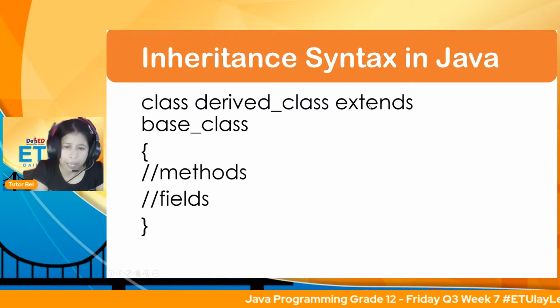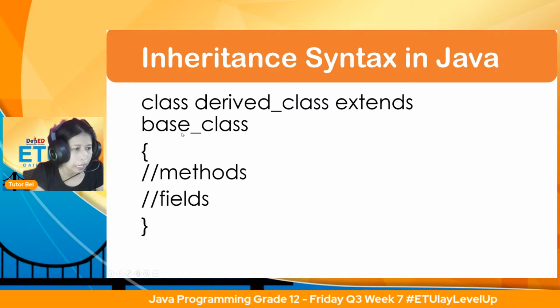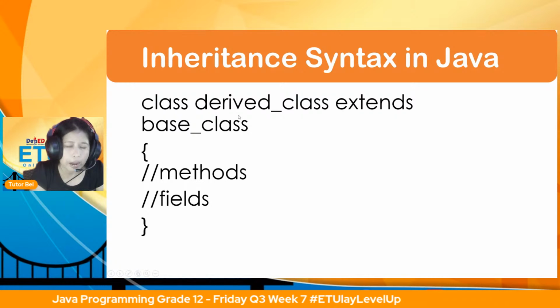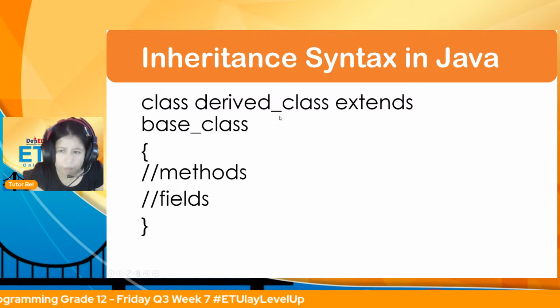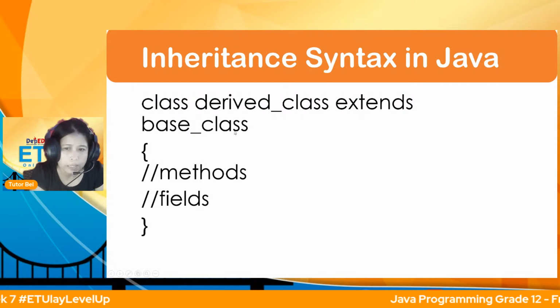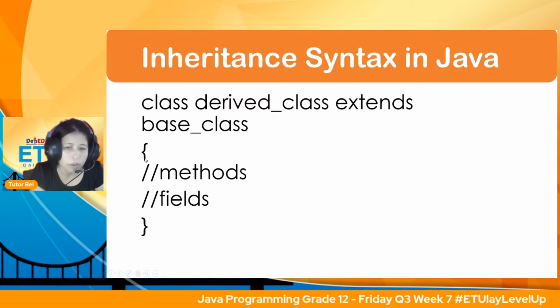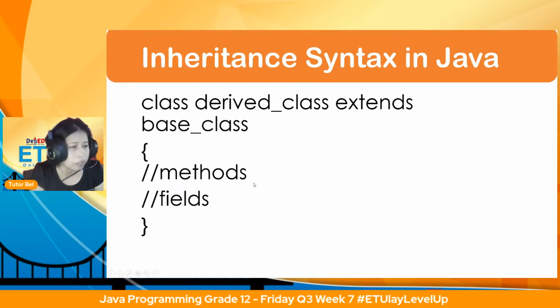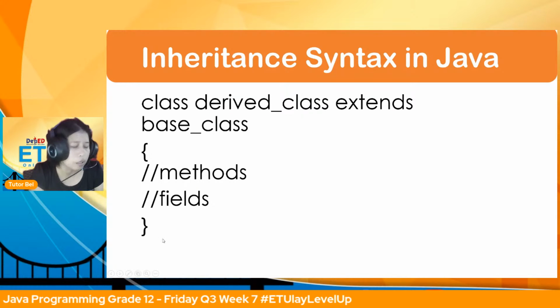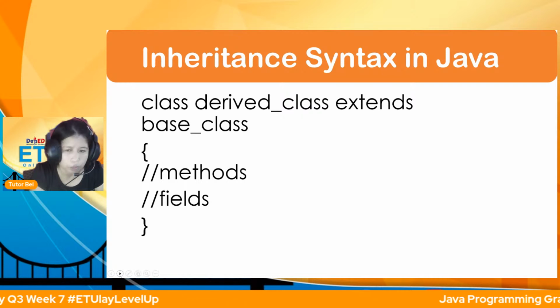Extends and then yung ating base class. Class derived extends, and then yung ating base class. And then opening a square bracket, yung methods, and then the fields, and then closing square bracket. So, iyon po yung ating syntax. So, this is an example.